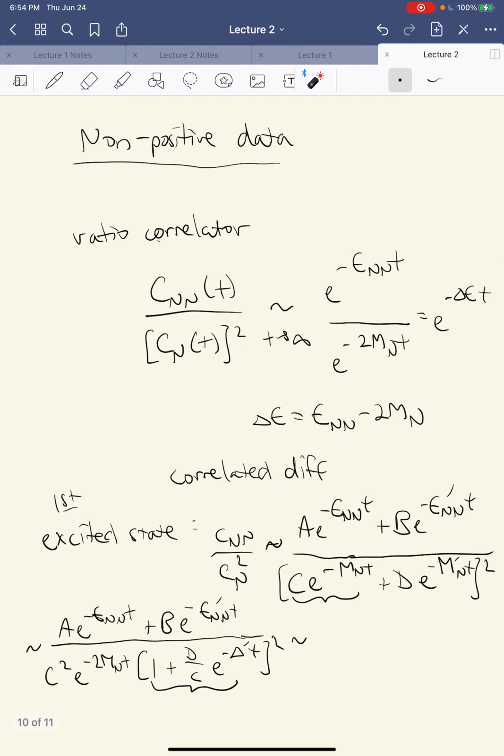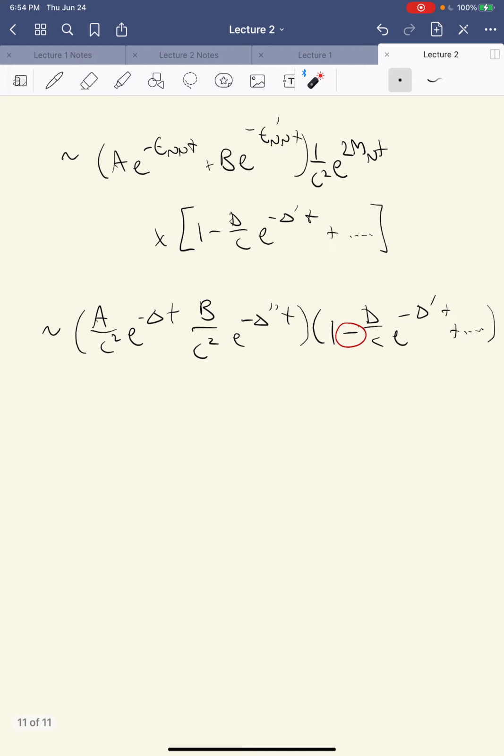And so this won't occur if these deltas are all very different from each other, because then the different terms at a given time will not all contribute in order to produce this cancellation. So that is one caveat.